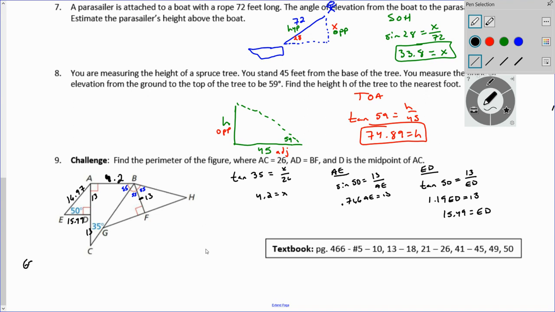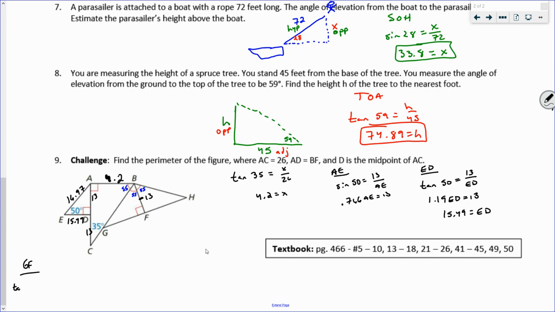For GF, if I go tan of 55 equals opposite, which is GF over 13. So I'm looking at triangle BGF to set up this problem. If I go tan of 55 times 13, 18.57.